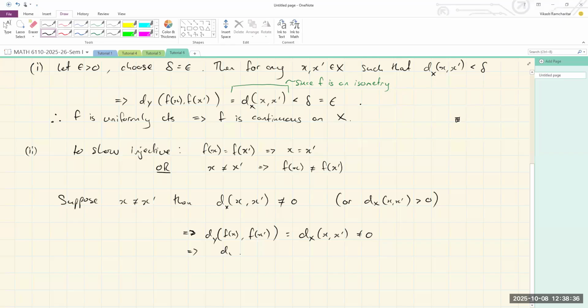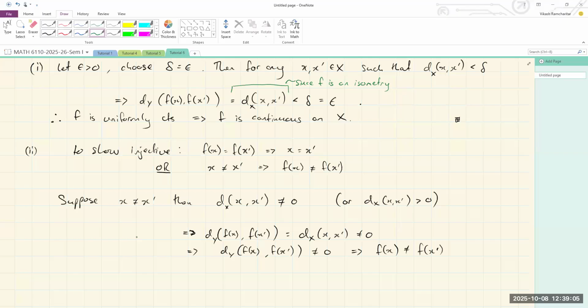You don't have to write out all these steps, but I'm writing out every single step so it's clear. So the distance between the images in Y is not equal to 0. In other words, these two points, f of x and f of x prime, are not the same. And that's what I wanted to prove for injective.